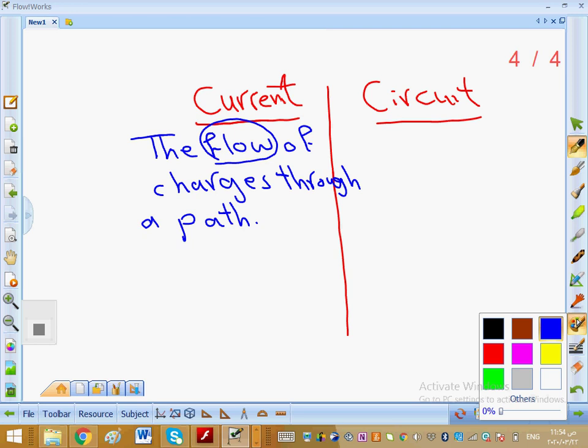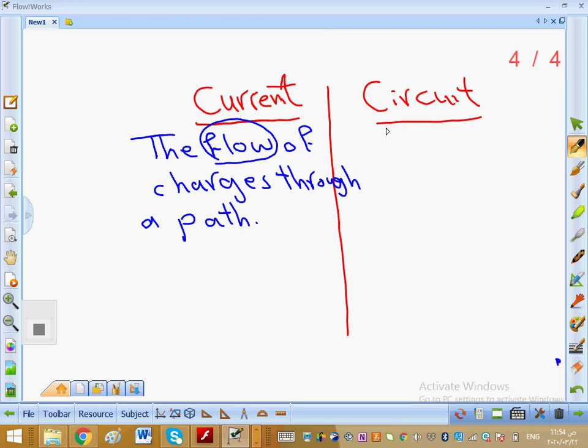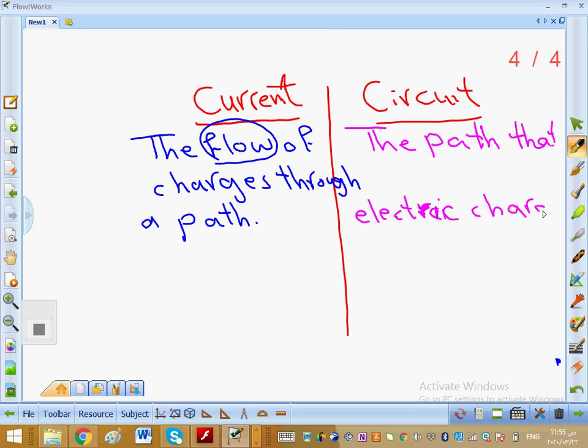The flow of charges. And circuit means the path that electric charges can flow through it.